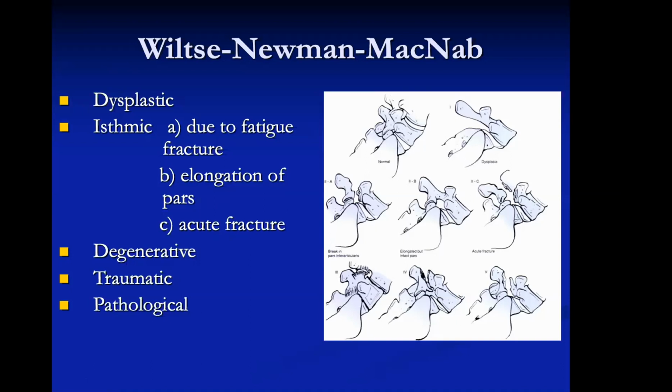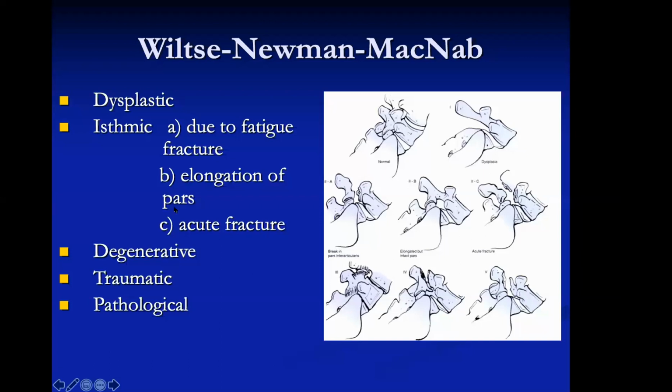Just like a developmental listhesis, you cannot get a symmetric pars fracture by any kind of fall from height or any kind of injury. If anyone hits you on your back with a rod, you will not get a symmetric fracture in the pars bilaterally. It might happen at the level of the facet joint, the spinous process, or the lamina. It may not be symmetric, though it happens bilaterally. So that's the big fallacy of this particular classification.